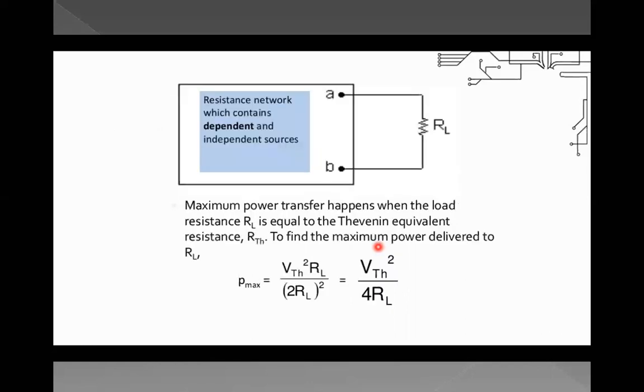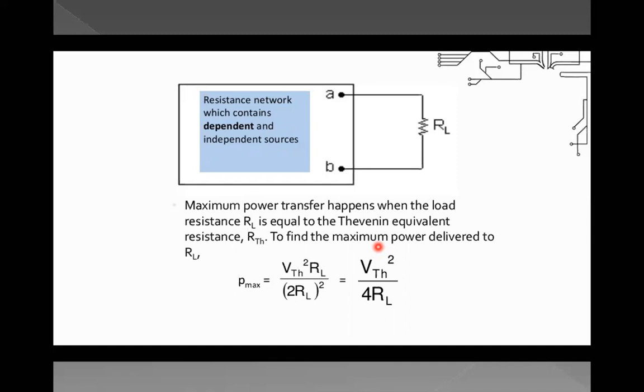So we just go to the next one. I'll just explain here. Maximum power transfer happens when the load resistance RL is equal to the Thevenin's equivalent resistance RTH or ZTH. Only then can we say that the maximum power is transferred.